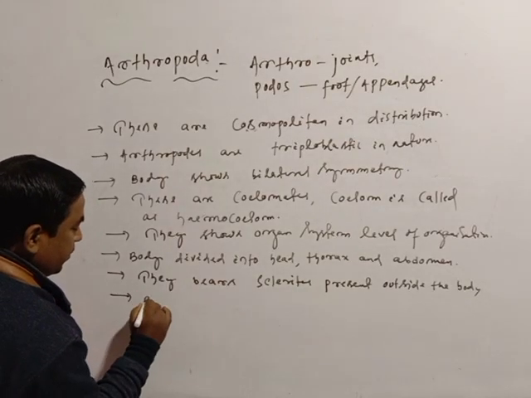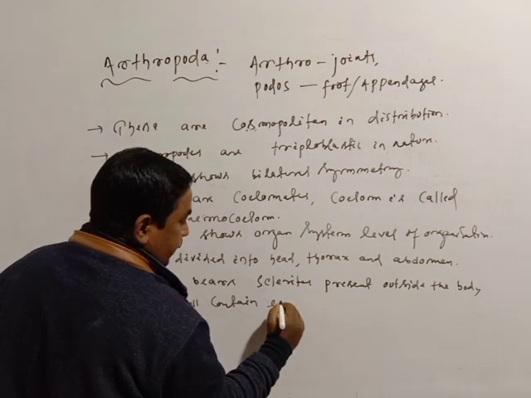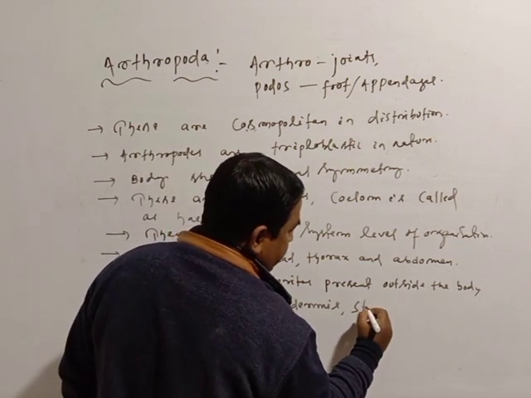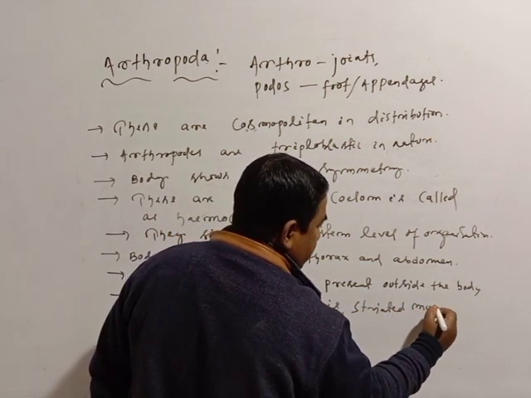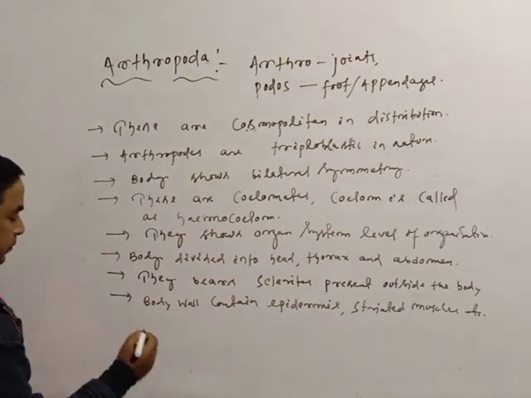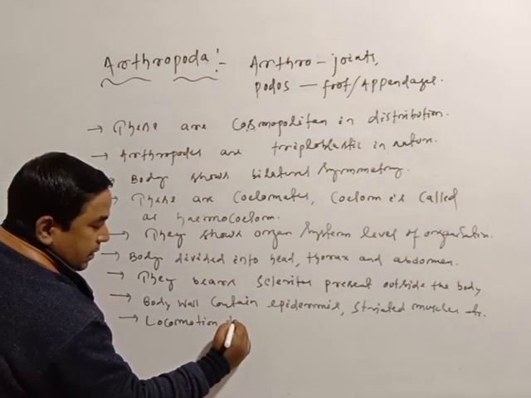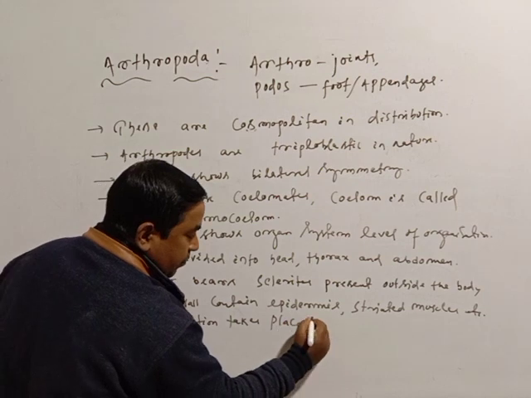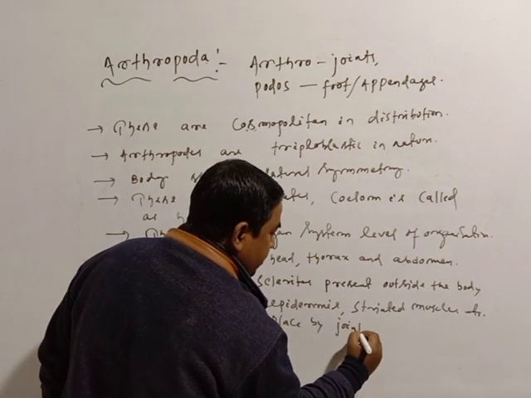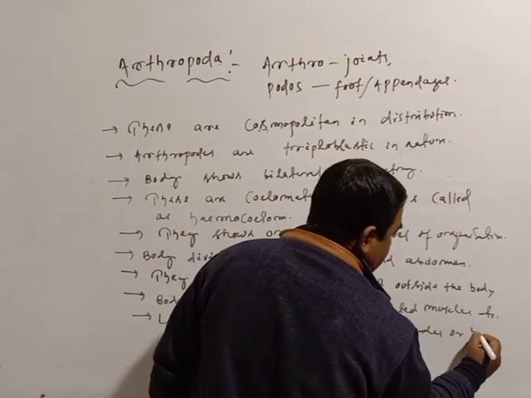Body wall contains epidermis, striated muscles, etc. Next, locomotion takes place by jointed appendages, or by wings.